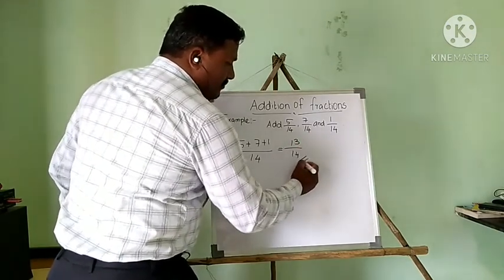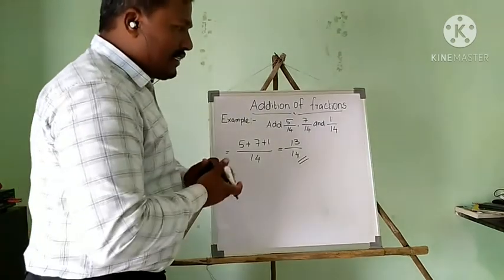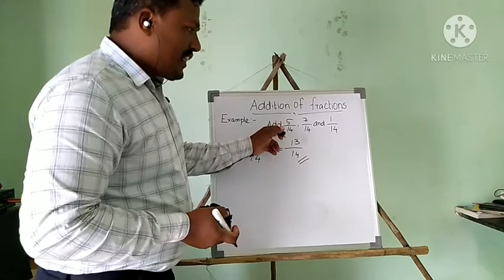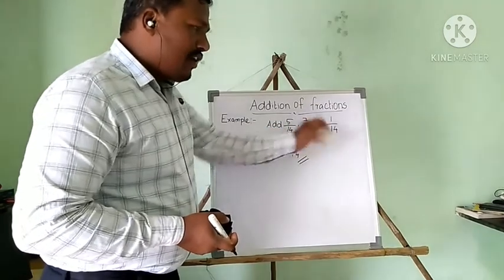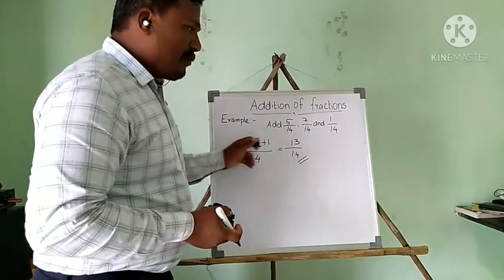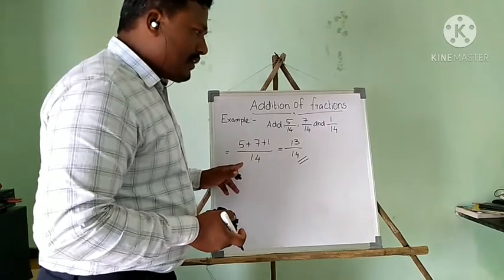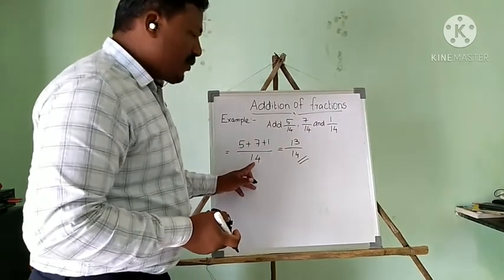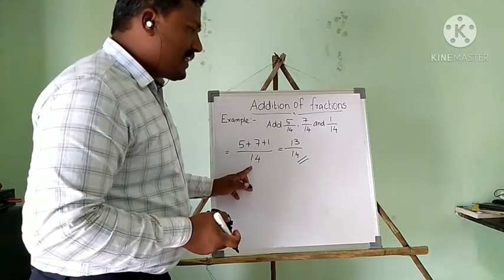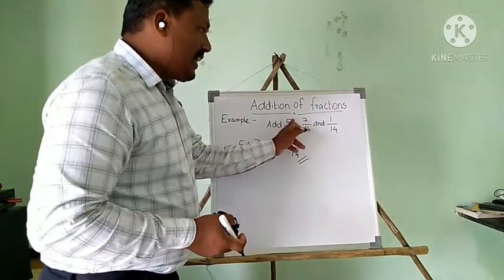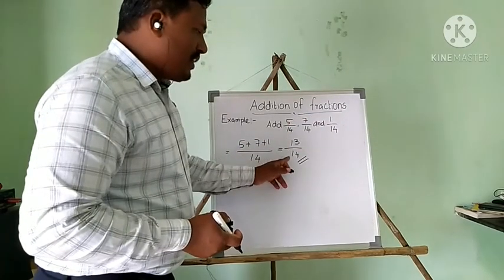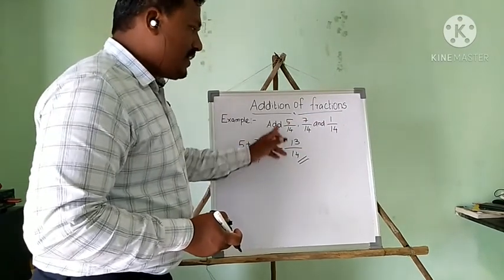This is the answer. So when we add, you have to check the given fractions. If all the denominators are the same, you just add the numerators and take the common denominator. So 14 is the common denominator. Then I will add all the numerators. So 13 by 14 is the addition of these fractions.